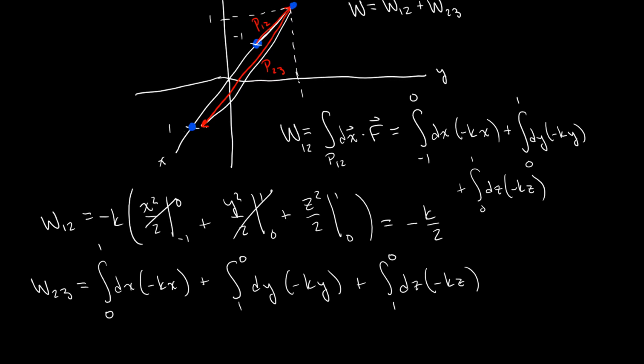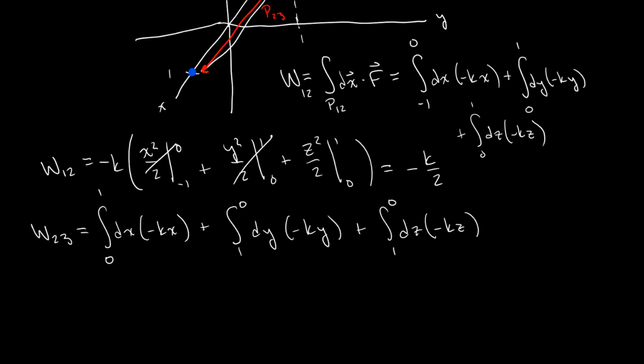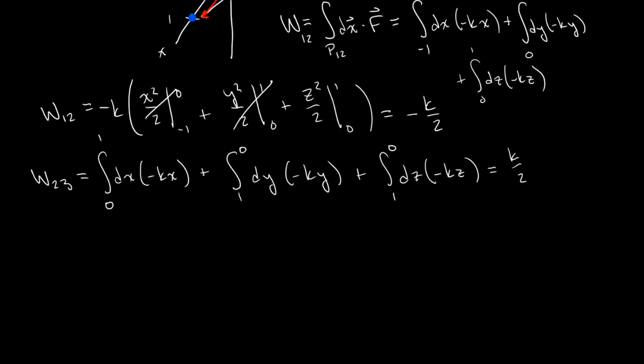And when we evaluate all of this, what we find is that we get something which looks like k over 2. If you'd like me to go through this in more detail, let me know. But for right now, hopefully it's easy to follow that this is just k over 2. So when I add up the total amount of work, this is going to be work 1, 2 plus work 2, 3, which is minus k over 2 plus k over 2, which is just 0.